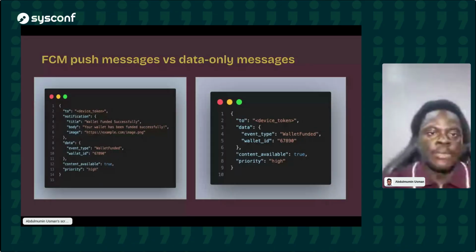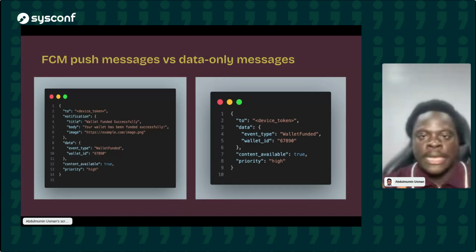But with a data-only message, you're only sending data to the device, and the device can decide how it wants to handle it.